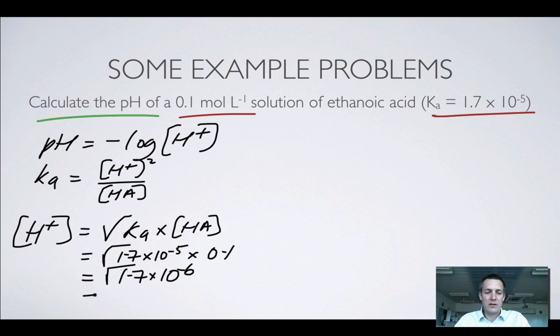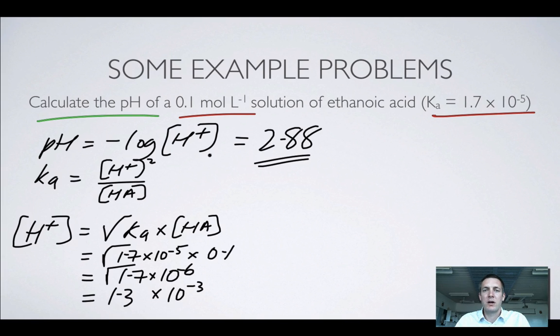Okay, and definitely with my calculator now, I'm going to say that that is 1.3 times 10 to the minus 3. So the concentration of H+ ions is 1.3 times 10 to the minus 3. Put that into here. So pH is negative log of this, and we find that that's 2.88. Okay, so the pH of my 0.1 mole per litre solution of ethanoic acid is 2.88.